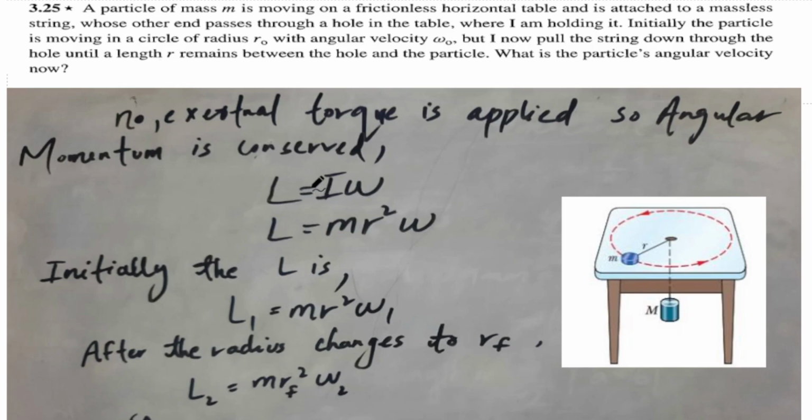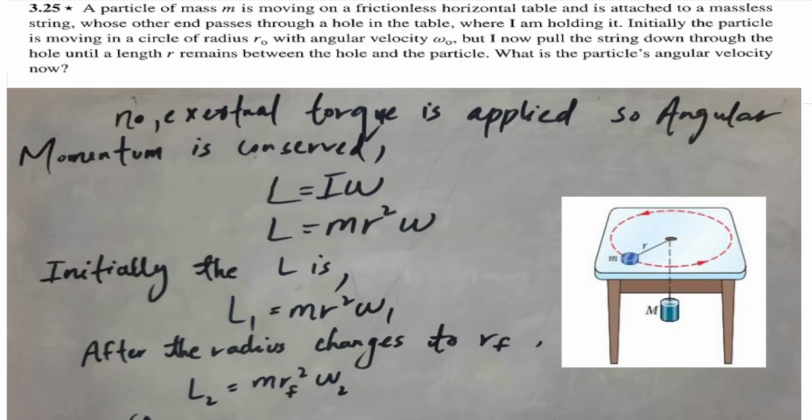Now you put in the moment of inertia, which is m r squared. So after putting that in, the initial angular momentum equals this, the value before moving near to the hole.